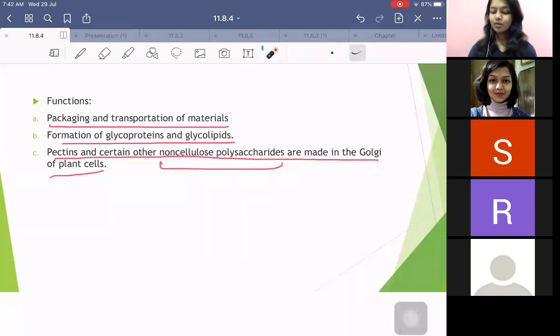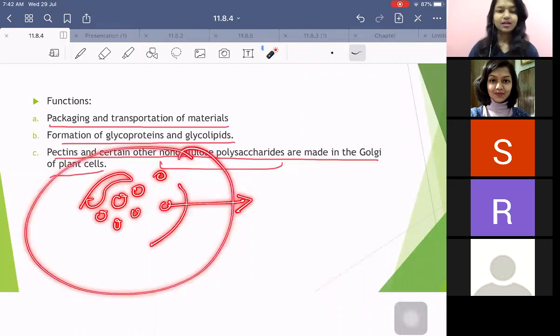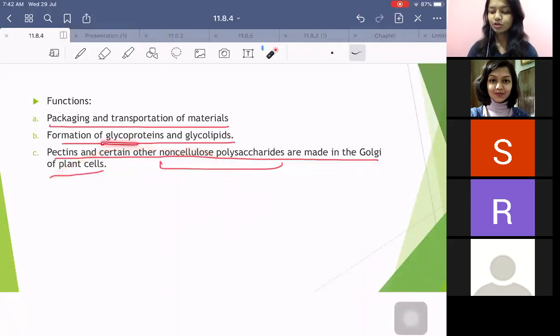Golgi body is going to pack the molecules and then transport them. If required in the cell, it will be used in the cell. If required outside the cell, it will be sent out. It helps in glycoprotein and glycolipid synthesis, processes of glycosylation, adding carbohydrate to lipids and proteins.